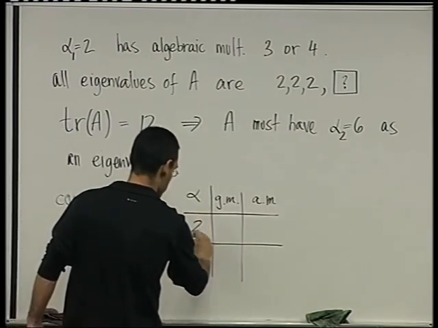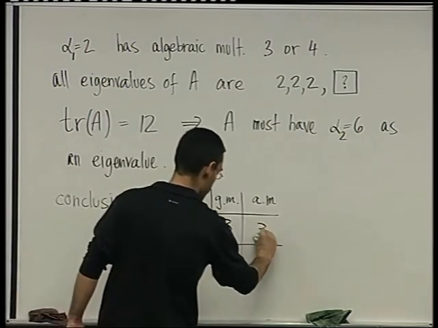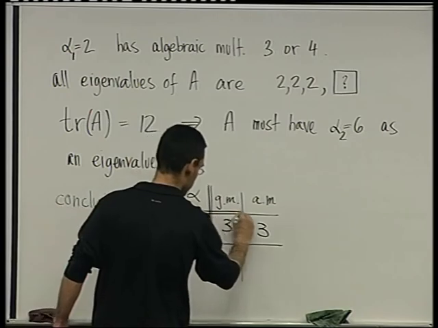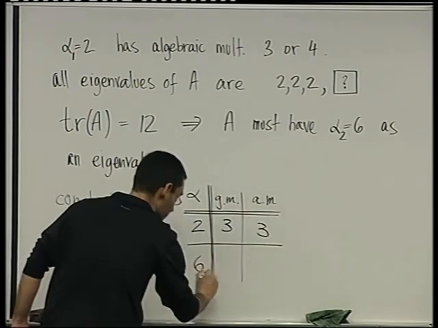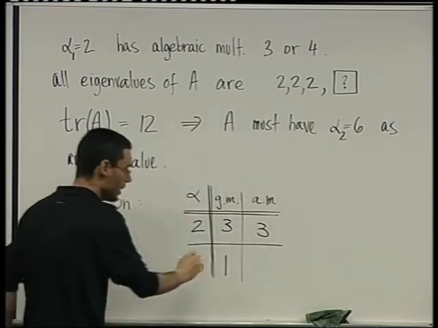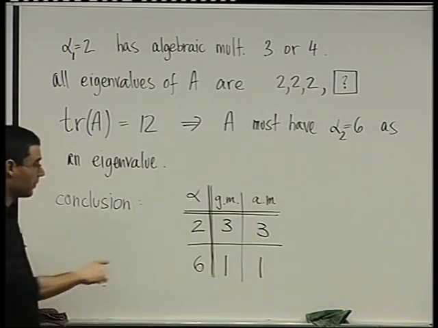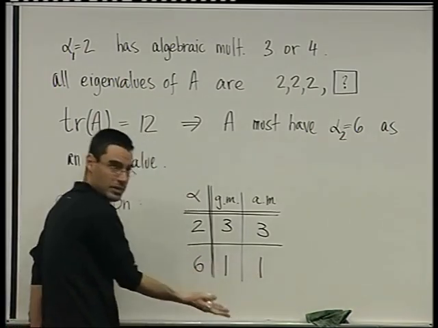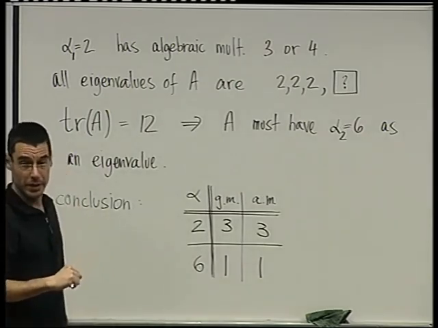Alpha equals 2 has geometric multiplicity 3 and algebraic multiplicity 3. Do you agree? And alpha equals 6 has geometric multiplicity 1 and algebraic multiplicity 1. If the algebraic is 1, the geometric is going to be 1 too, right? The geometric is less than or equal to it, and it can't be 0, right? An eigenvalue means it has at least one eigenvector.